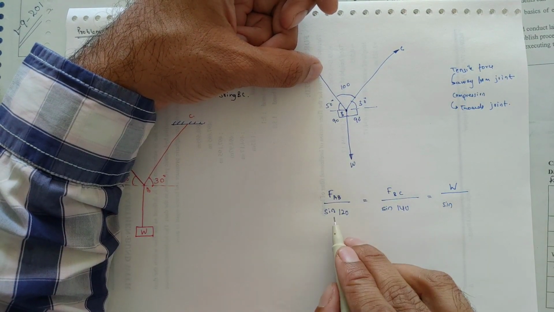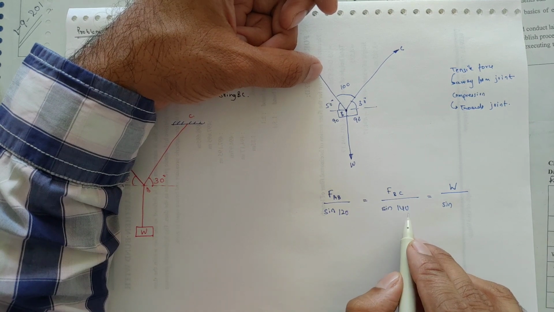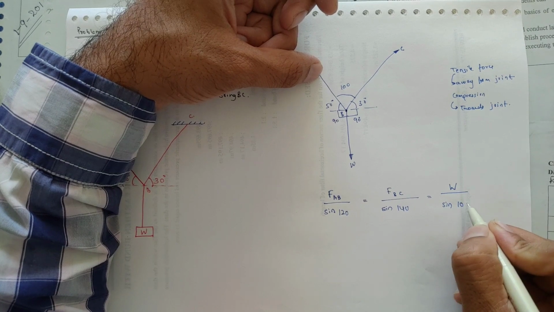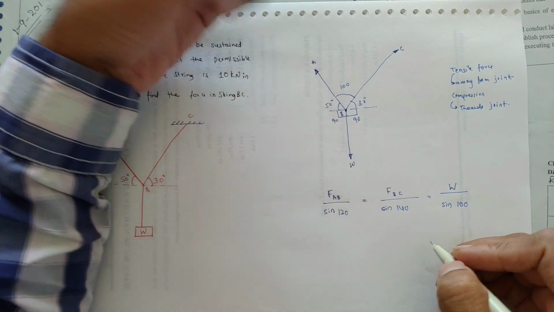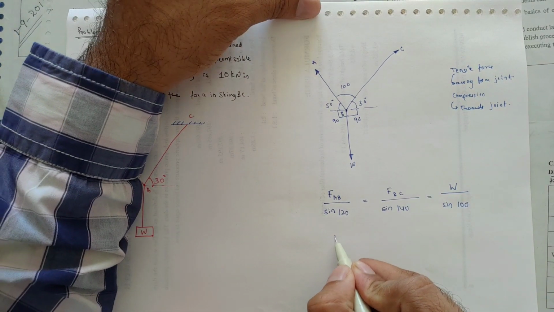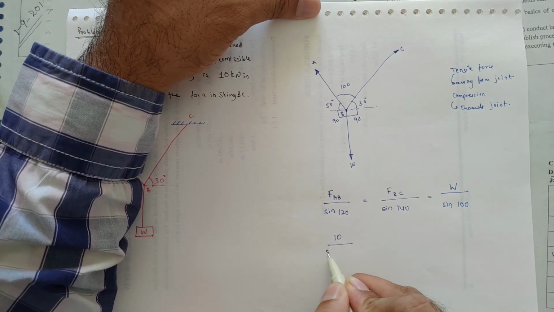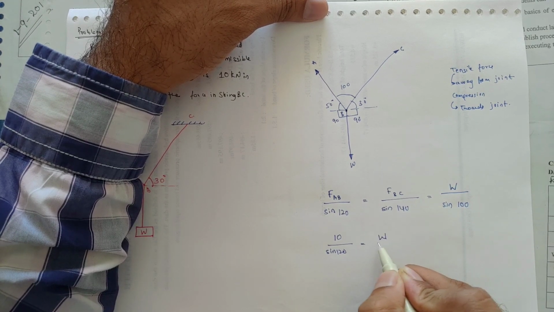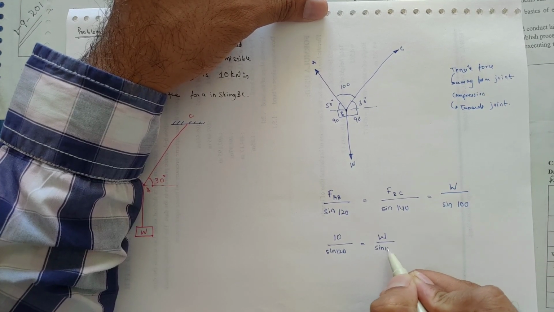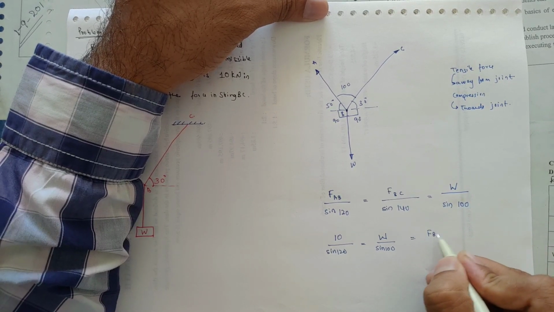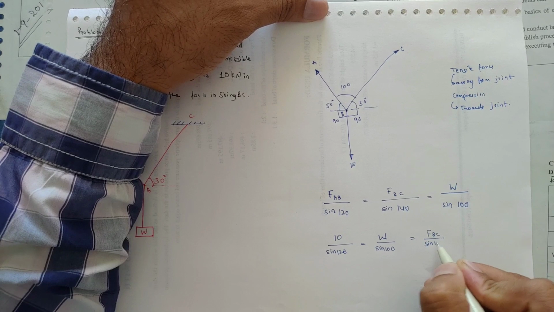This is 120, 140, so it will become 260, and this will be 100, that is W by sine 100. So now we know that the maximum force that can be applied here is 10 by sine 120 equals W by sine 100, and we can also write it as FBC by sine 140.